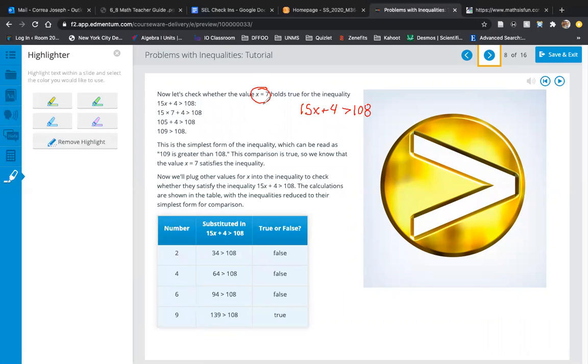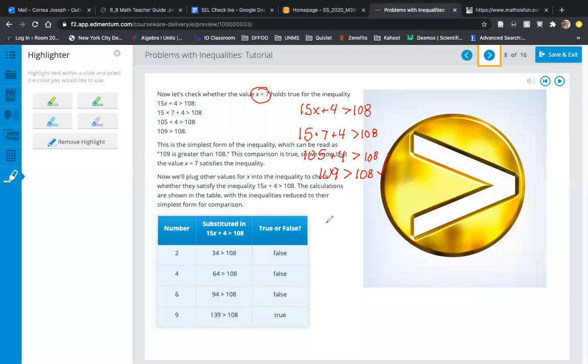So if x was equal to 7, we'd say 15 times 7 plus 4, is that bigger than 108? 15 times 7 gives us 105, plus 4 is just barely bigger, so 109 is bigger than 108. So this here is an example of a true statement.